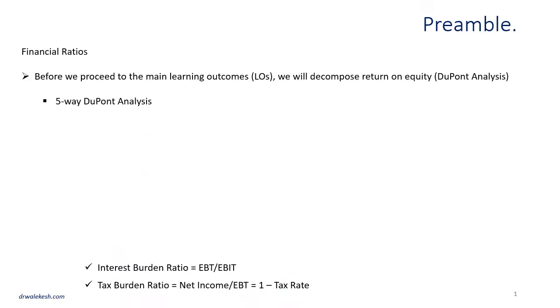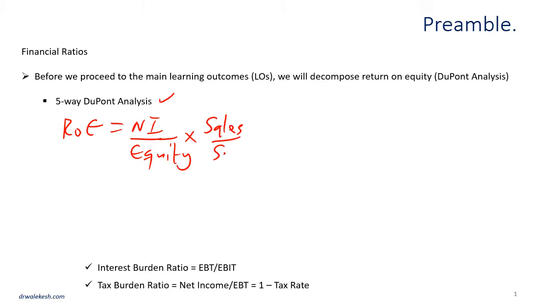Now, let us move on to the 5-way DuPont analysis. The basic formula for return on equity is net income or net profit over equity. If I decide to multiply by sales over sales, that's 1. Asset over asset, that's still 1. If I decide to multiply by EBT over EBT, that's still 1.